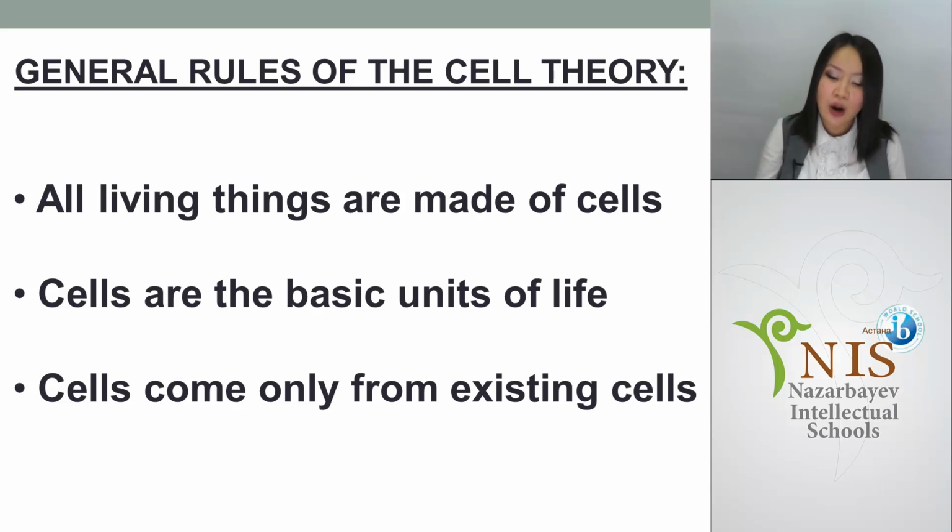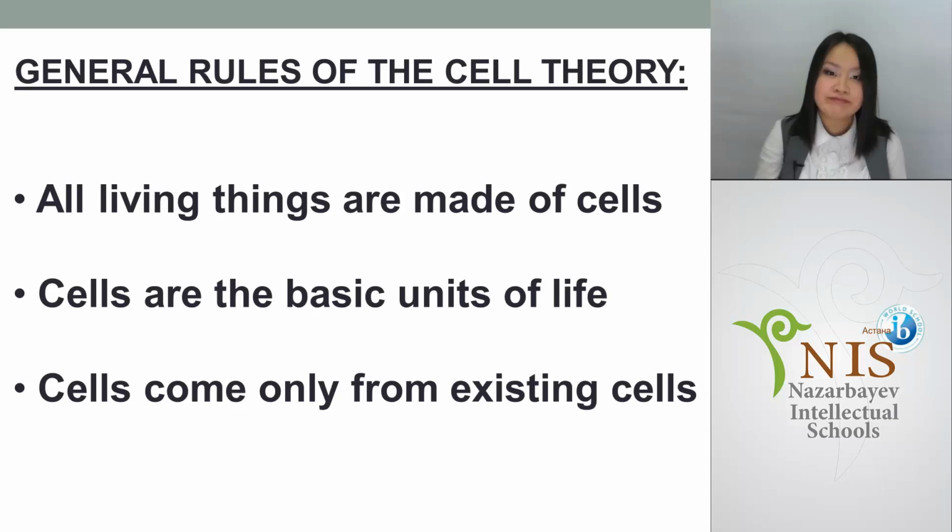For example, now we say living thing or living organism for organisms which consist of cells. We couldn't say the same about viruses, because viruses don't have a cell structure.